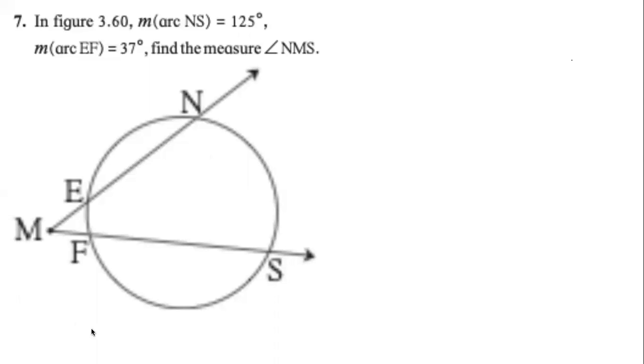So writing it the way I wrote for the previous question, this is 125 degrees. And measure of arc EF, this is 37 degrees. Very simple question. What is the measure of angle NMS? Straightforward, one line answer. What should I write?